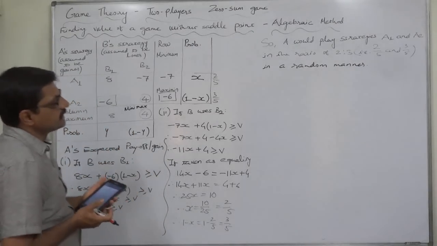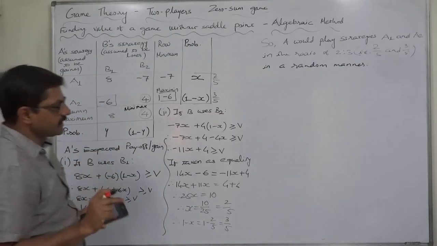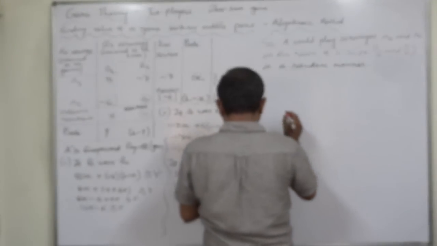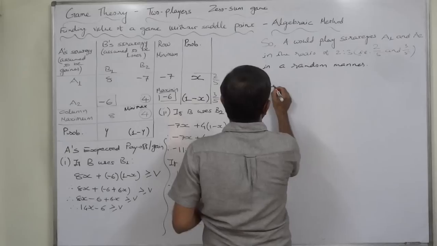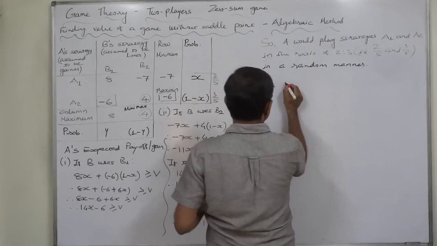Now if A plays the two strategies in this ratio, what can be the expected gain of A? Rather the expected payoff or expected gain.